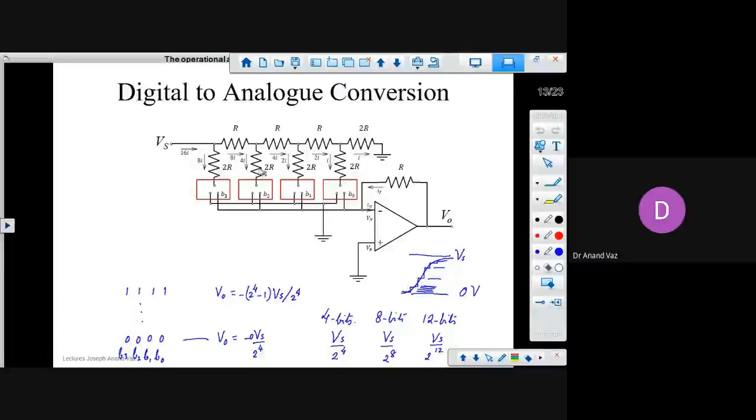So the resistances were connected to the inverting end of the operational amplifier through these switches, and there was a particular combination of the resistances.